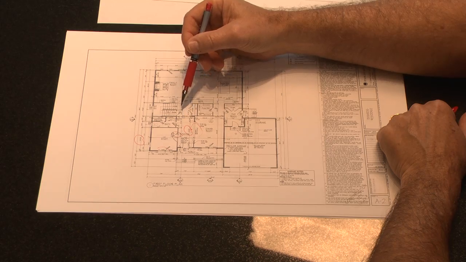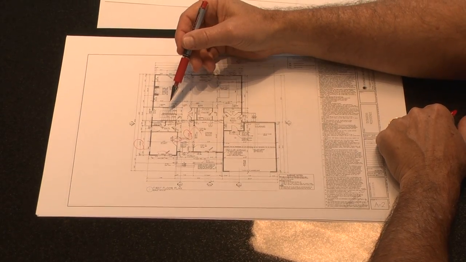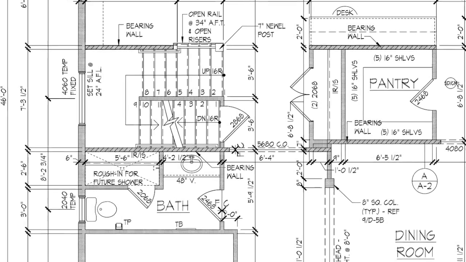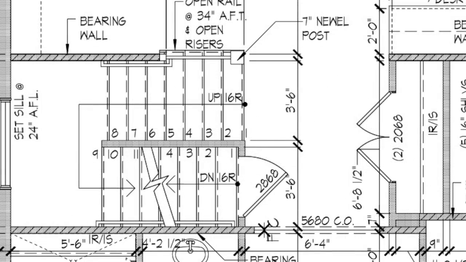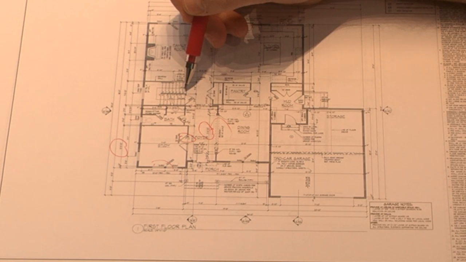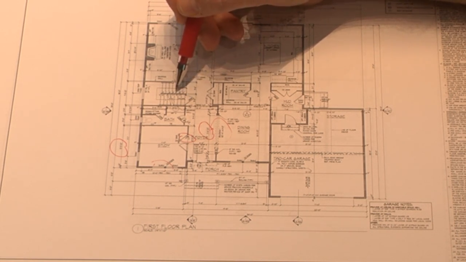As we travel further into the plan, you're going to see other things. So here's a stairwell. You'll look, there's a note on this stairwell. It says up 16 risers. So here's the first step, second step, third step going up. This is called a switchback stair going up to the second floor. If you look closely on the plan, it says 2, 3, 4.